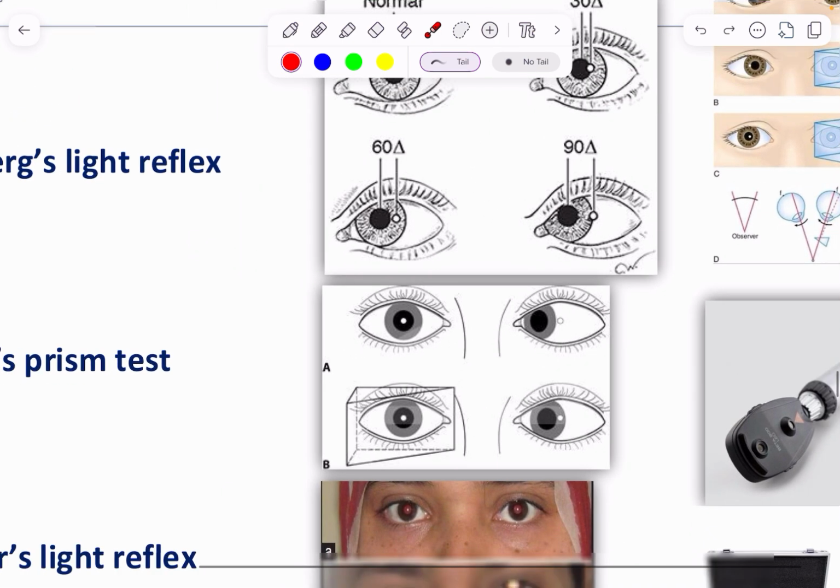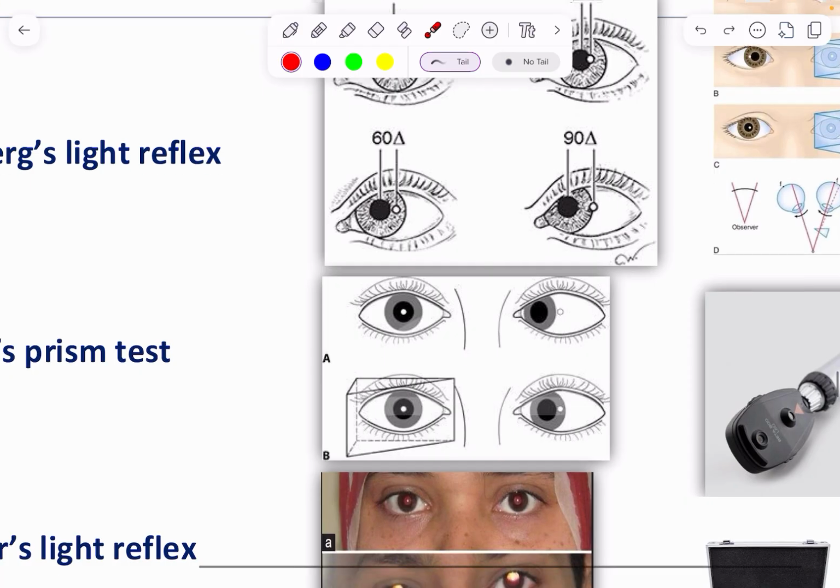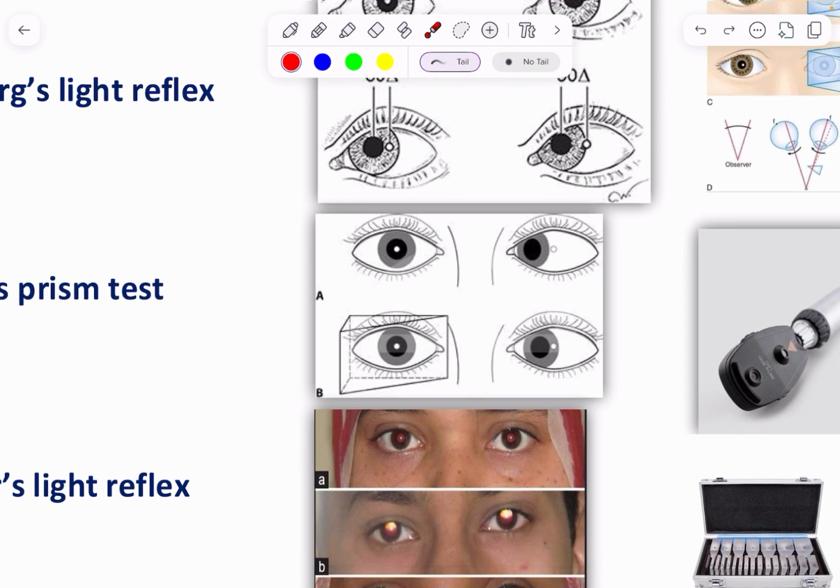Usually they do it in pediatrics. Why? Because the lazy eye or the eye with the squint is not going to be able to cooperate. So you are putting the prism against the normal eye. Once they fixate, this is going to help you measure the angle of deviation. It's going to determine the power of the prism that you need to center the corneal light reflex. So when it's centered, that's how you know the deviation angle.